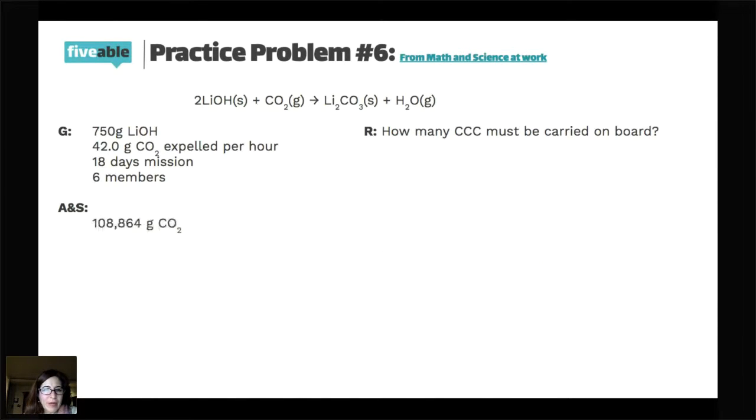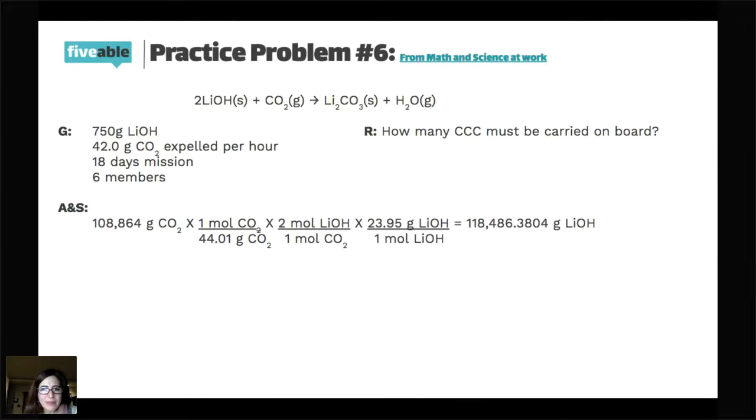So we have the grams of carbon dioxide. We change to moles with the molar mass. We change to the lithium hydroxide using the coefficients of the balanced equation. We change to grams of lithium hydroxide using the molar mass. And that's how many grams of lithium hydroxide we need.